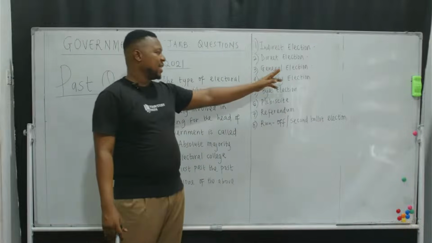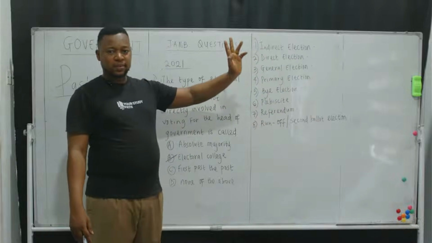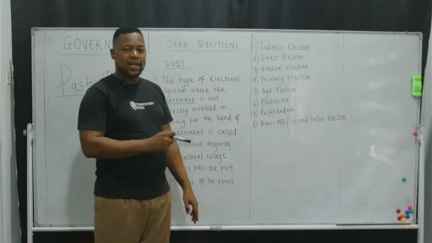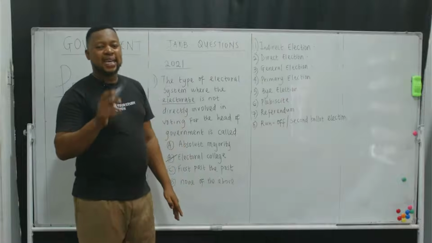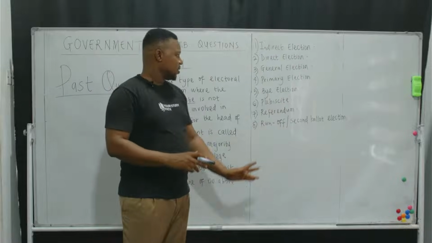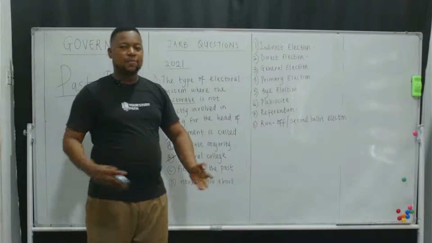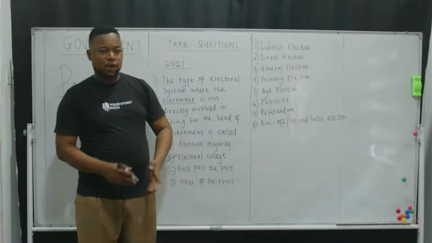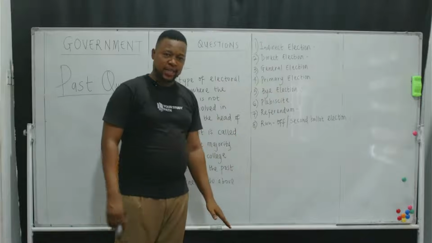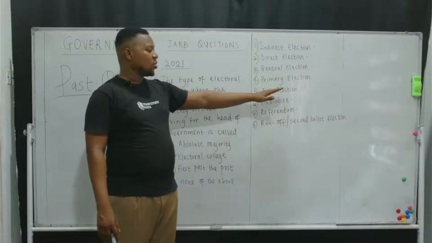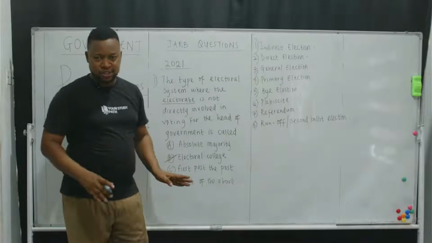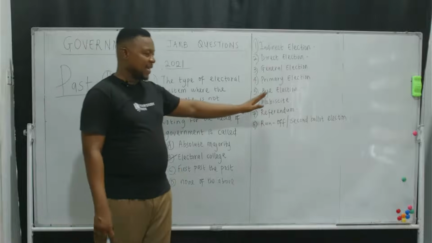Then we have the general election, and the person declared the winner is entitled to that position. Primary election is the type of election conducted within the political party. By-election is the election conducted to fill a vacant position.